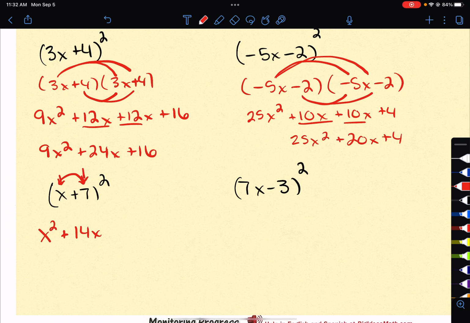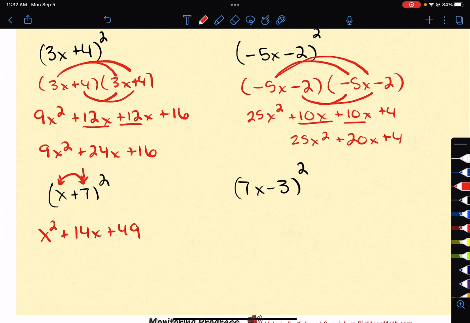And then the 7 just gets squared, which is 49. It's not a pattern I expect everybody to see and be able to use, and I really don't want you to memorize it, because there's the chance that you'll use the pattern wrong, right? But if you write it out every time, then you don't make the mistakes of getting the pattern wrong.